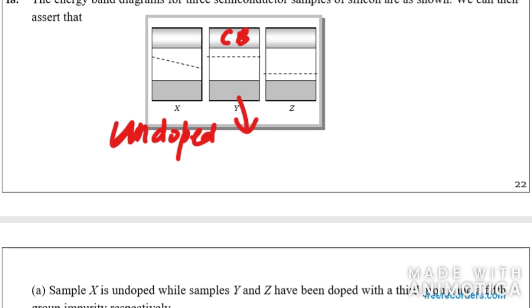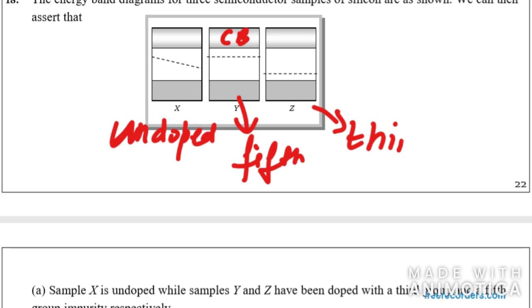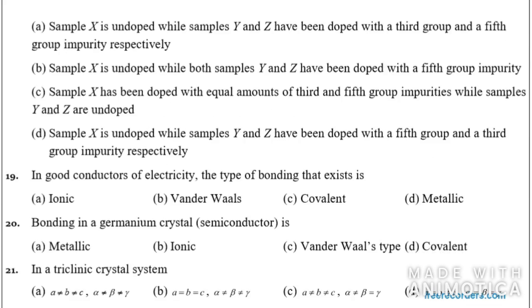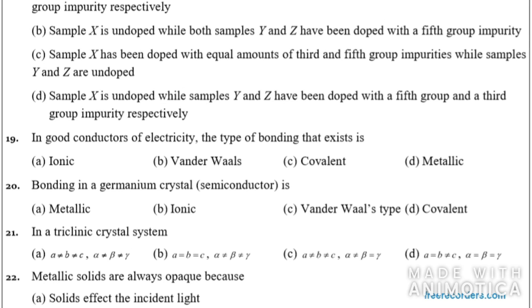So that's for fifth. And the last one is for third group impurity, because the energy level has been shifted to the valence band. So the right option in this case is B. Sample X is undoped, Y is with the fifth group, Z is with the third group impurity.